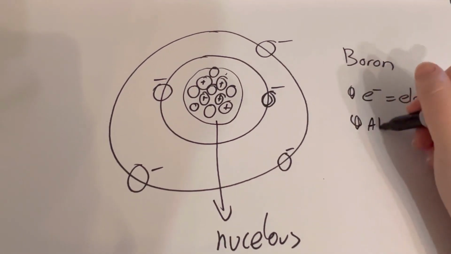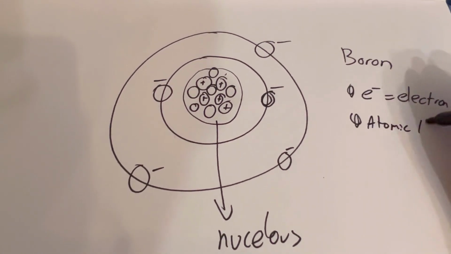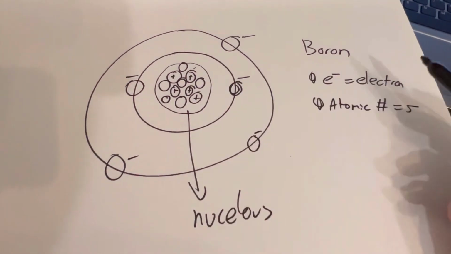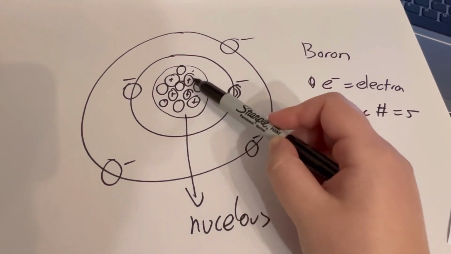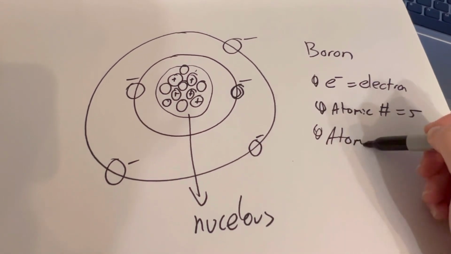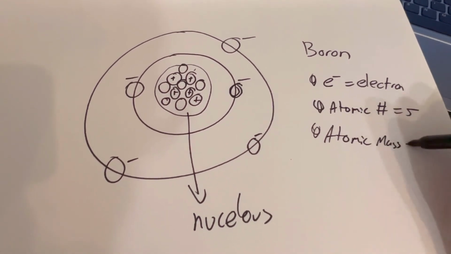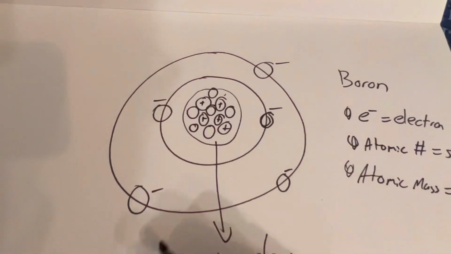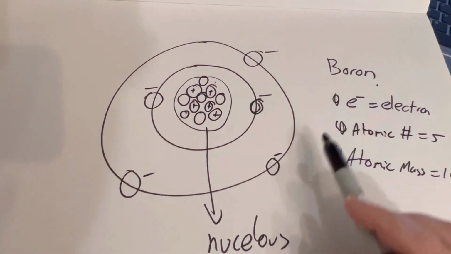So it is 5 because there's 5 protons in the middle there. The atomic mass, we have 5 protons and 5 neutrons. So atomic mass is 10. The name of the atom, well, we named it, it's boron.